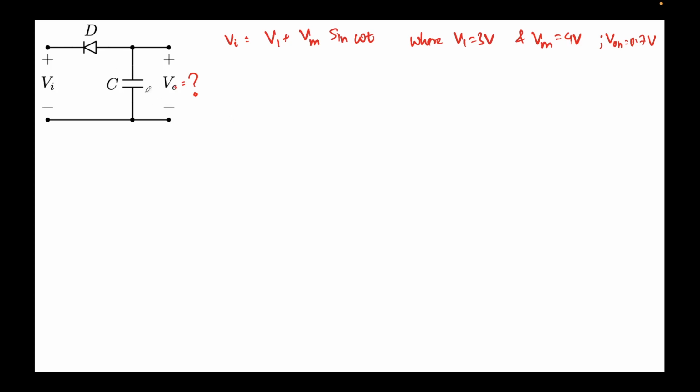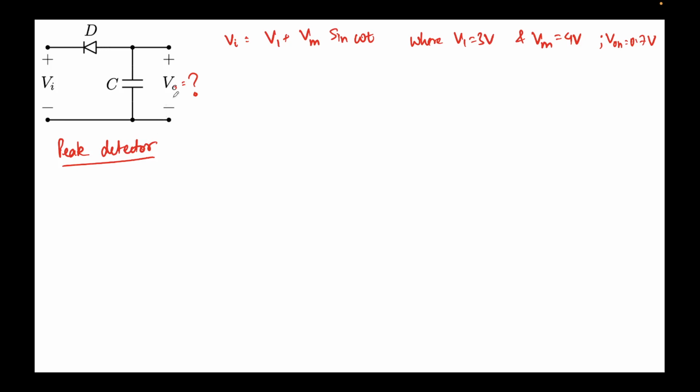At time equal to 0, the capacitor is uncharged. So first of all, this is a peak detector circuit. Peak detector circuits usually have a constant voltage as time approaches infinity.